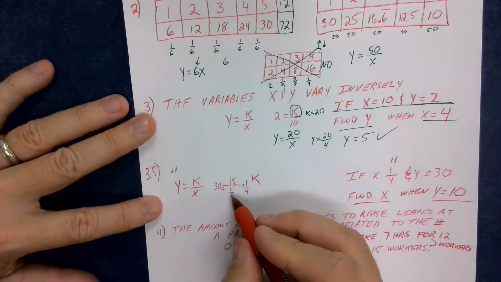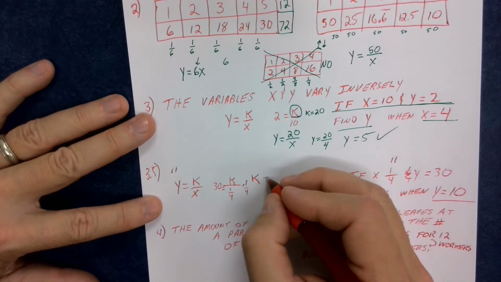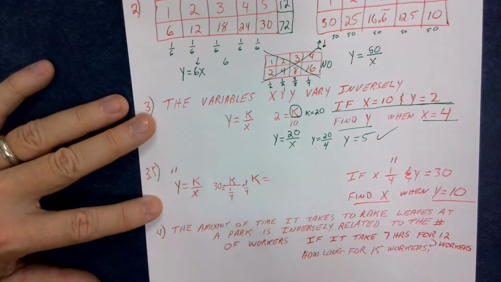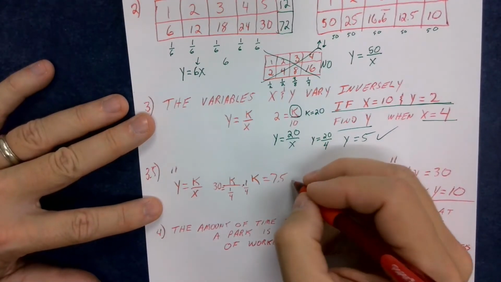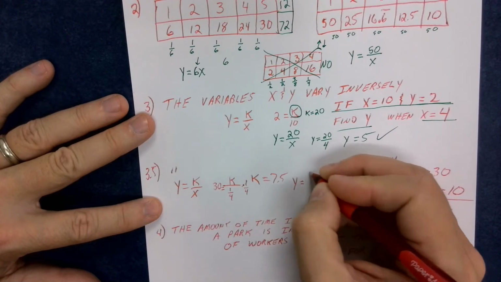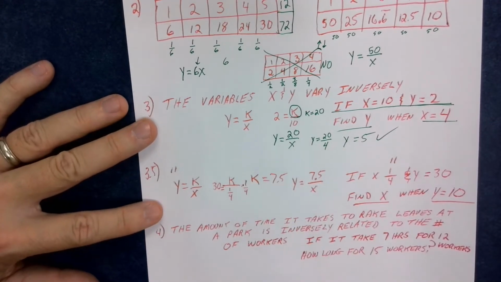So I multiply by 1/4. So if this was a 2 here, I'd multiply by 2. So I'm going to multiply by 1/4. And it turns out that k, in this case, I believe, is 7.5. K is equal to 7.5. So then my new equation must be y equals 7.5 over x.